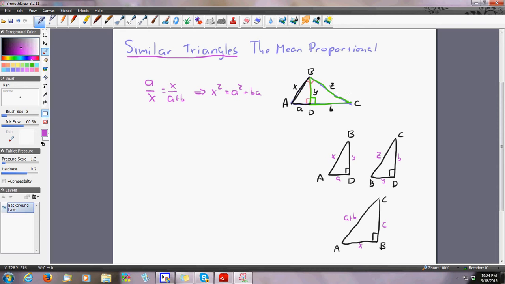When I take a look at my green triangle here, I get, well, maybe I'll do this in green. I get b over y equals y over, and it's actually a plus b again. And so take a look, I'm looking at my green triangle, so I get my altitude over my base.